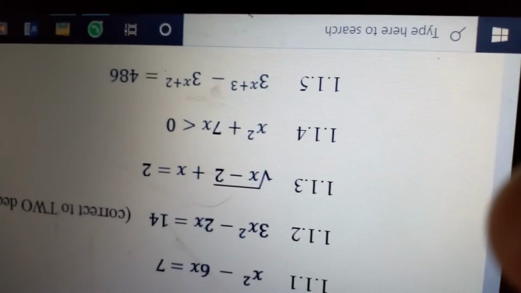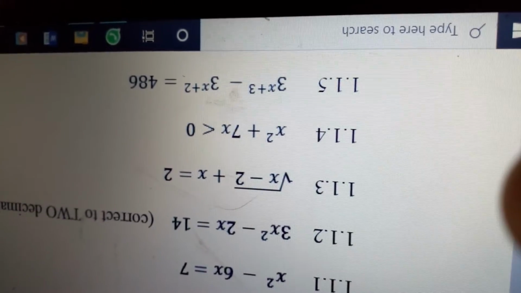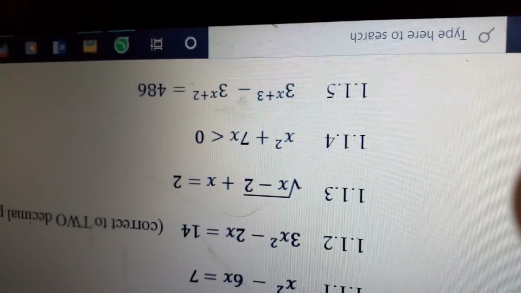Let's go to number 4. Number 1.1.4 says x squared plus 7x is less than 0. This is how it looks, right? There is no number on the other side, so we'll simply solve it now.